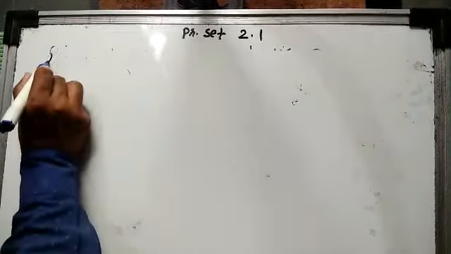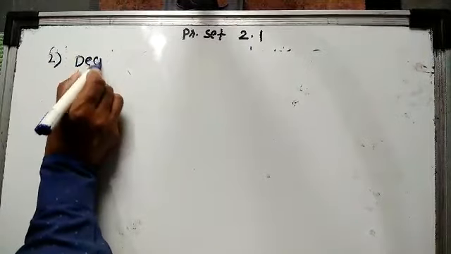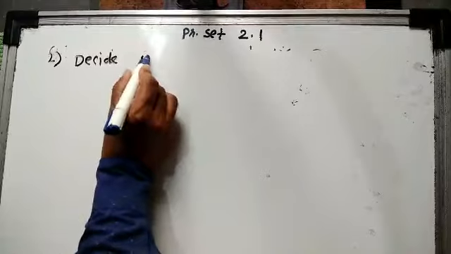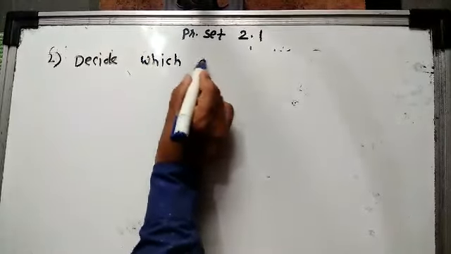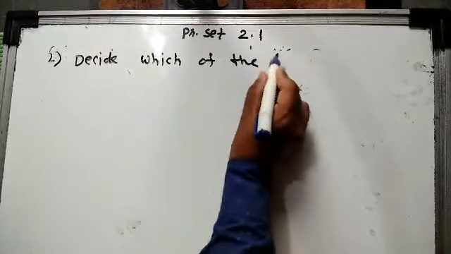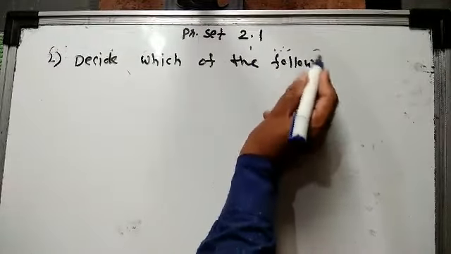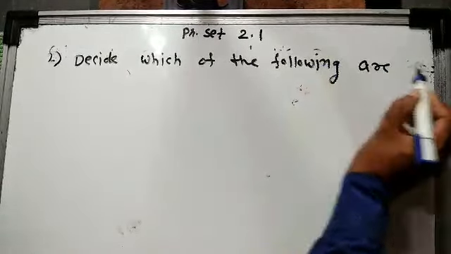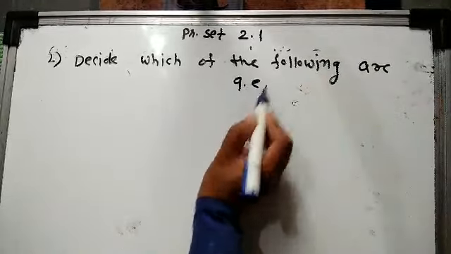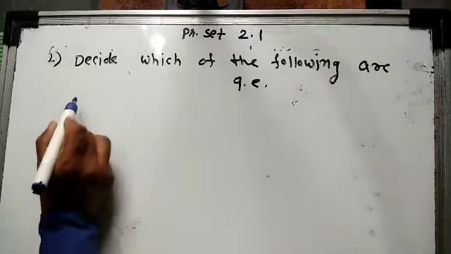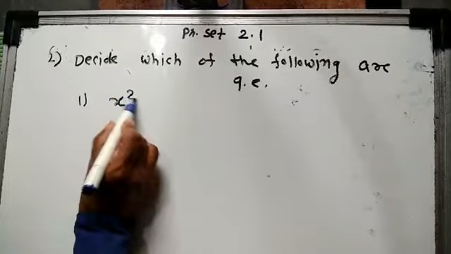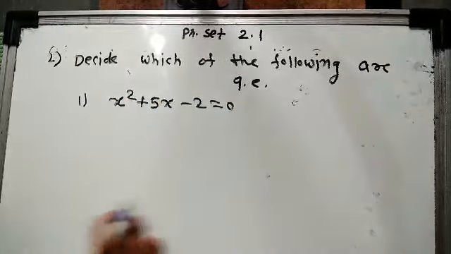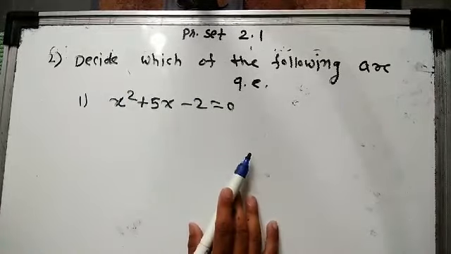Decide which of the following are quadratic equations. Here, first, x square plus 5x minus 2 is equal to 0. This is the first equation given.